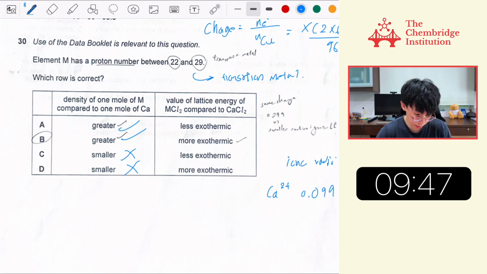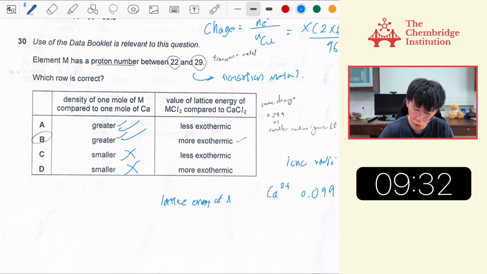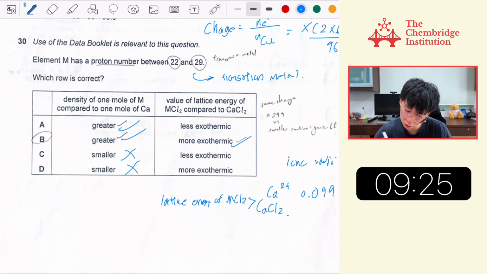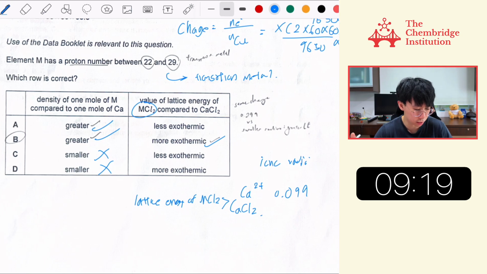If you look at the data booklet, all of the transition metals with 2+ are less than 0.099. So definitely the lattice energy of MCl2 is going to be greater than CaCl2. This has to be more exothermic, so it has to be this, because the ionic radii of all the M2+ ions in this range are less. So it has to be B.